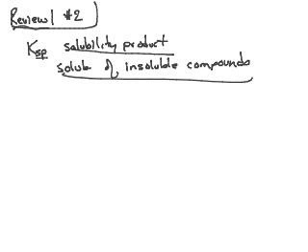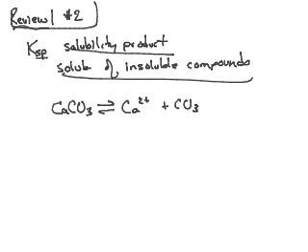That's kind of weird, but it's what KSP is studying. So calcium carbonate, from our solubility rules, is insoluble. Calcium carbonate is Ca2+ plus CO3 2-, and this is a solid.